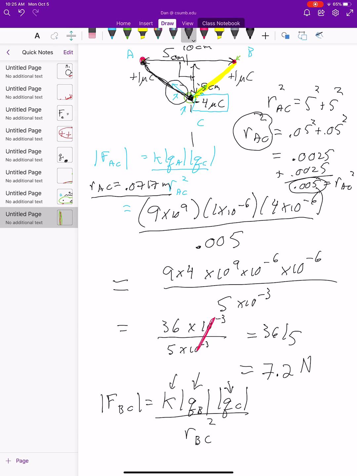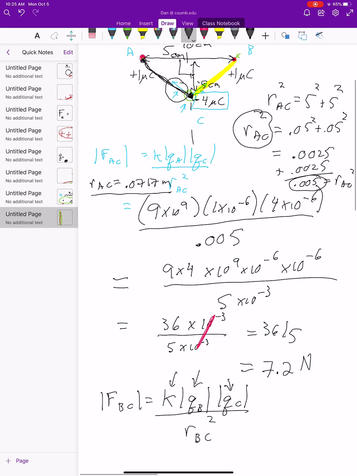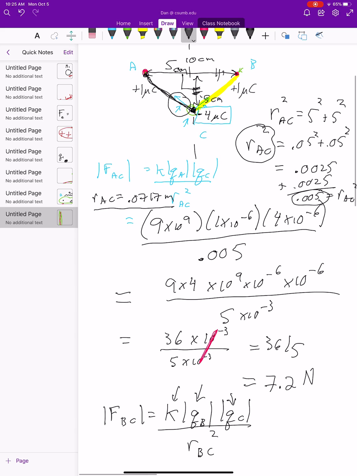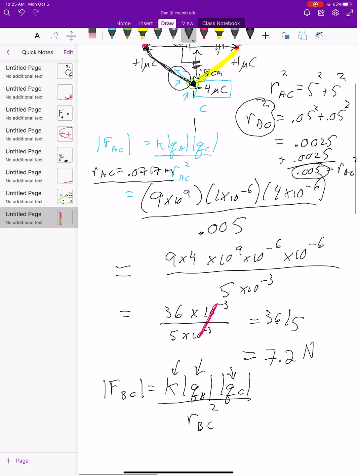These distances are the same. They have to be, because they're both isosceles triangles with the same 5 centimeter sides. So it's going to be the same value. It's also 7.2 newtons. A lot less work once you see that. That's the nice thing about the symmetries here.